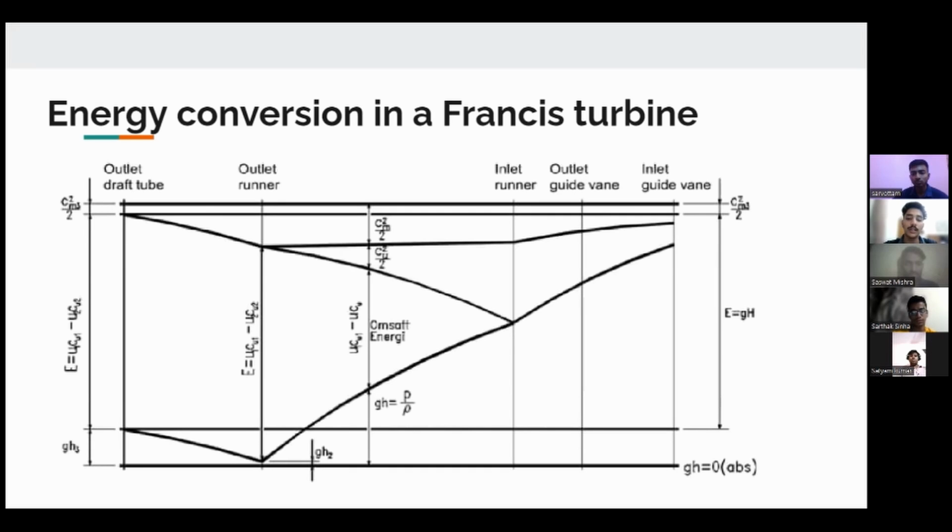At the runner outlet, the pressure normally decreases to a value below atmospheric pressure. However, the kinetic energy decreases from the runner outlet to the draft tube outlet, where pressure increases to the pressure of the water level above the reference level. Next slide.